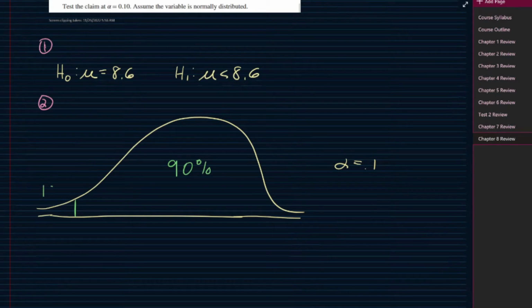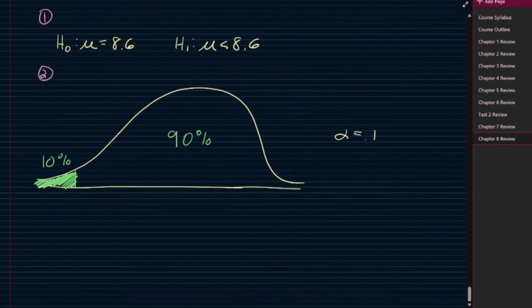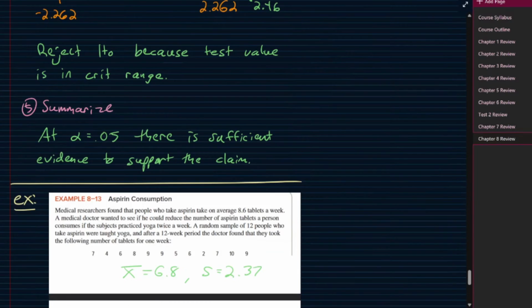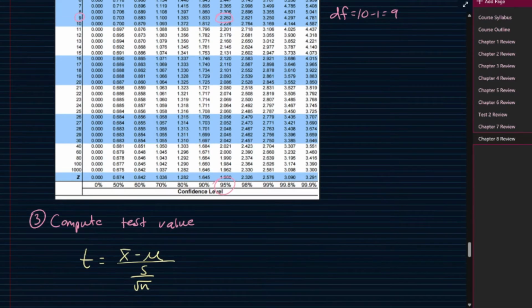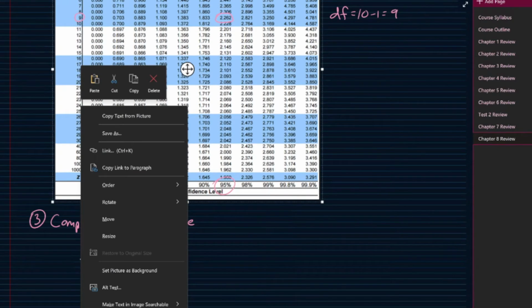This is going to be 10%. So when we're looking this up on the chart, this value of, well, actually, yeah, I guess that value is not important for the t-tables. Sorry about that. So we got to go ahead and look up the t-table. Find the critical value.